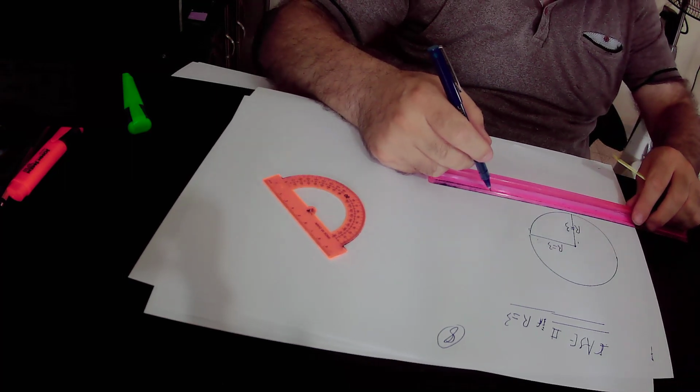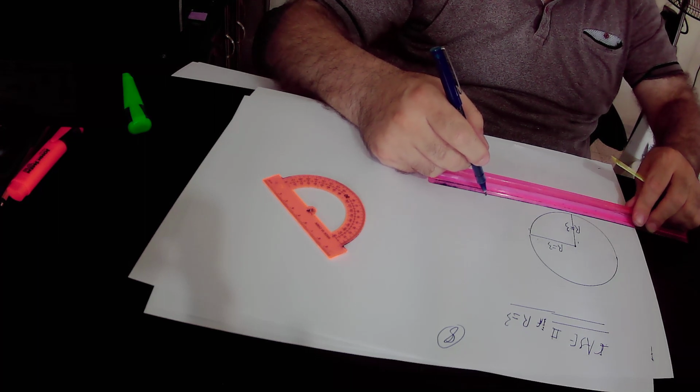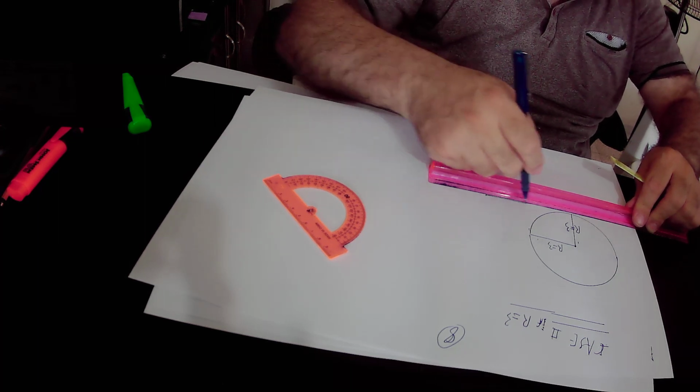And we know that one side of the square is also equal to 3 units.